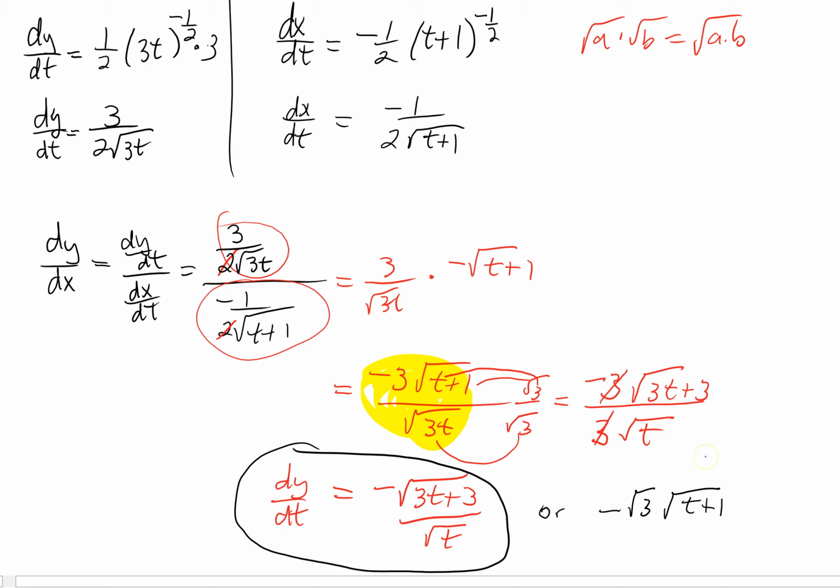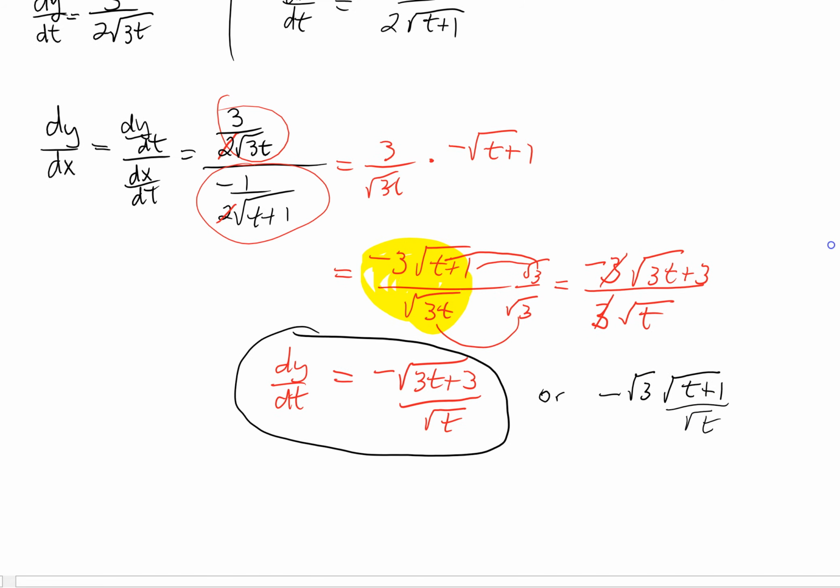Kind of reversing what we saw at the top of the page there, and factoring out that 3 and then pulling it out. And then you could also say, here's yet another answer that we could come up with.